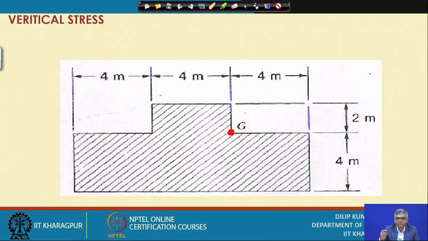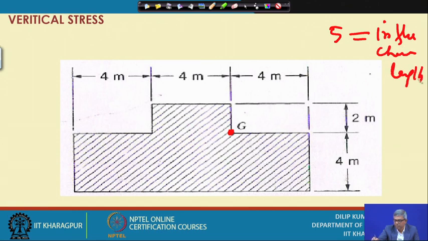So, 5 meter becomes equal to whatever length is drawn beside the influence chart, there is a line drawn. That line length you have to measure, suppose 2 centimeter or 3 centimeter, that should be equal to 5 meter.